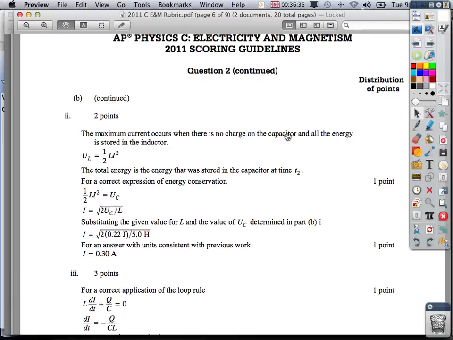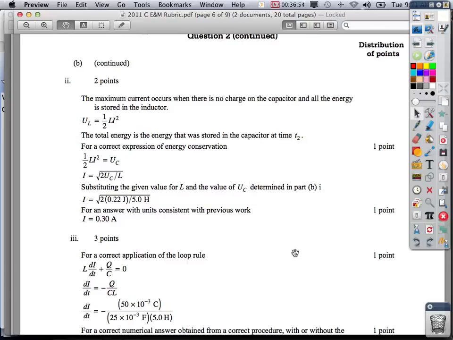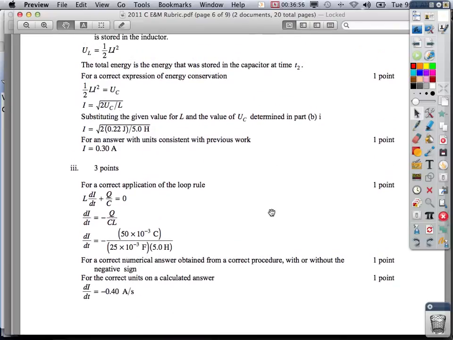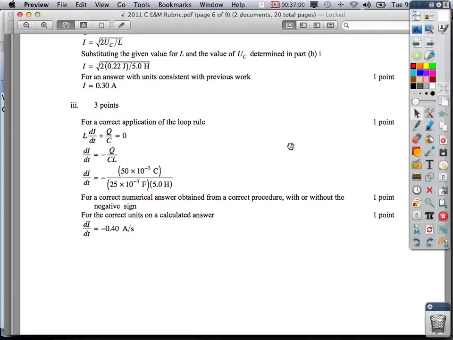So when there's no charge in the capacitor and all the energy is stored in the inductor, then that must be true. And then they use the energy on the capacitor, set that equal to the energy in the inductor because the system oscillates, and then that's how they calculate that current. That's interesting. To be honest, I wouldn't have thought of it that way.